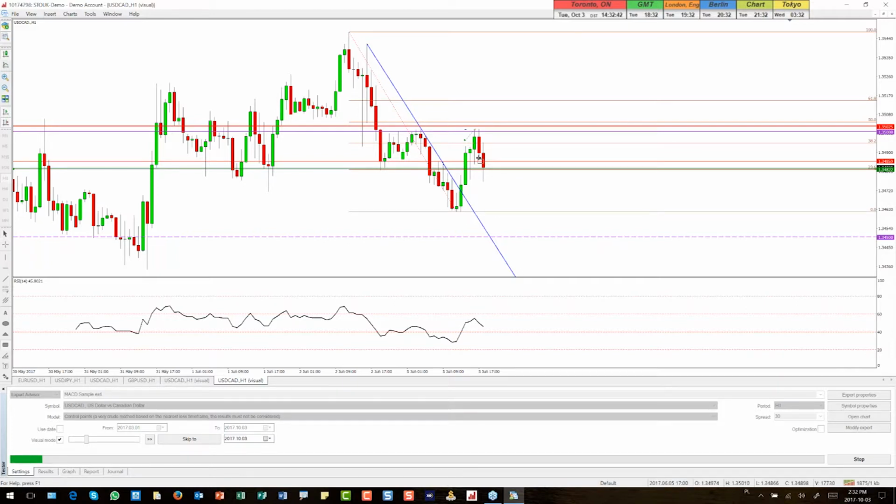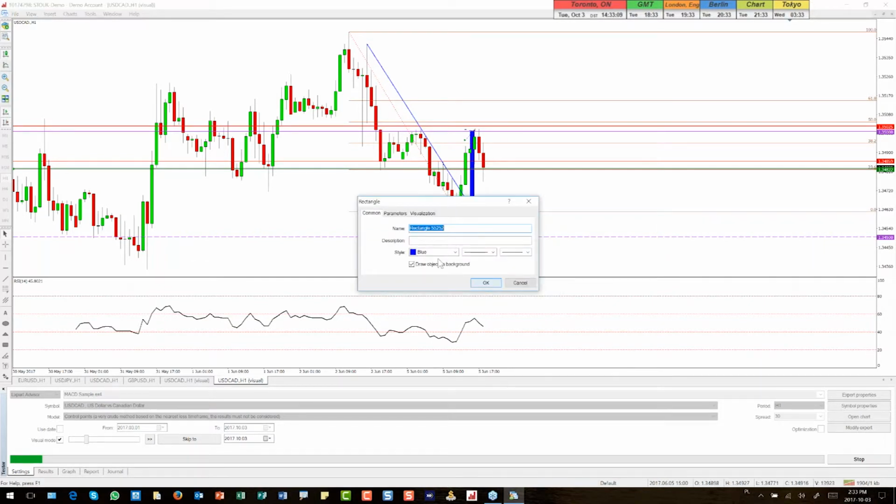So we have opened a position at 1.34822, and our stop loss is 1.35025. I changed the cursor to cross, and now I can see my stop loss is 20 pips. Of course, we can use very quick tools.